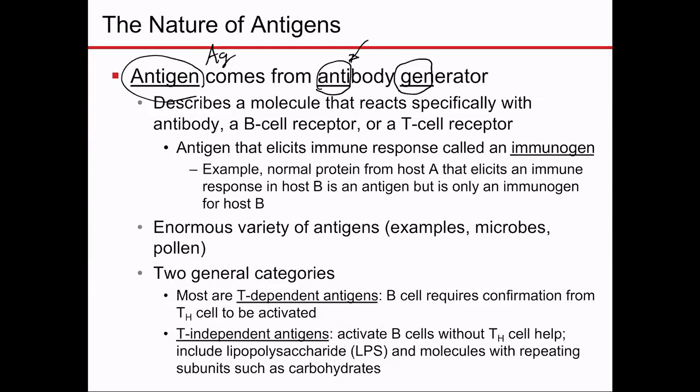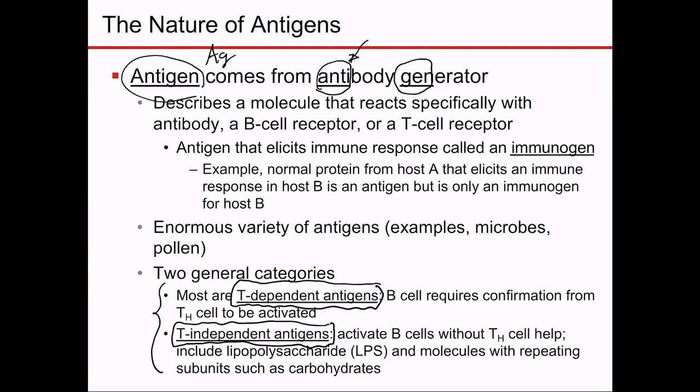There are two main categories of antigens, and you're going to understand this soon. We're going to get into that in a minute. And it's the T-dependent antigens and the T-independent antigens.